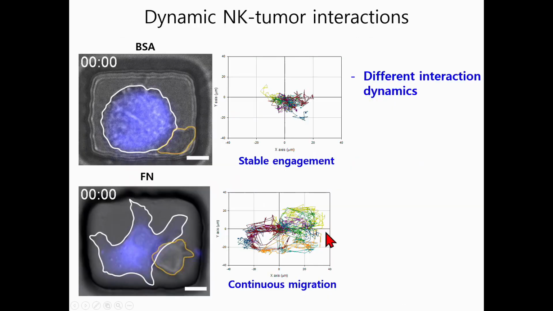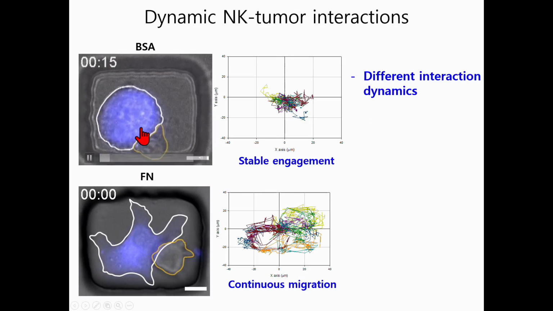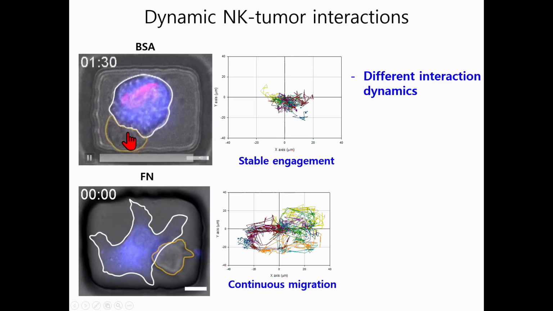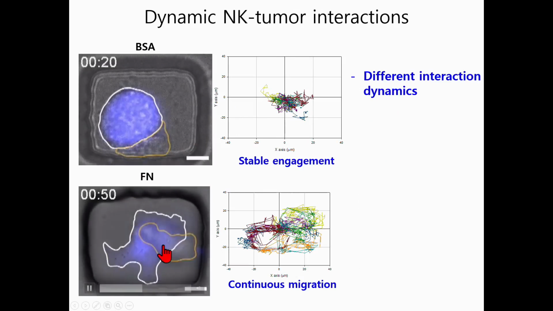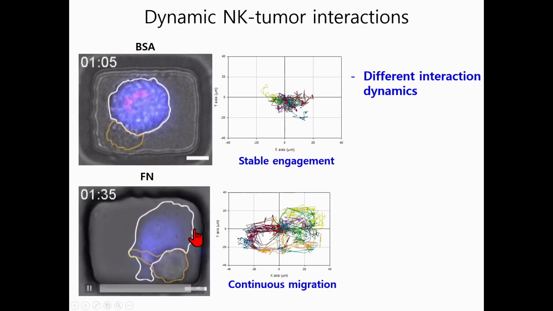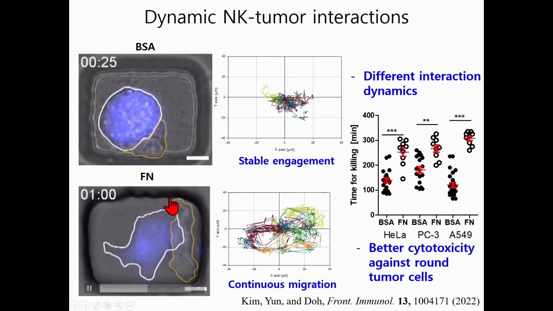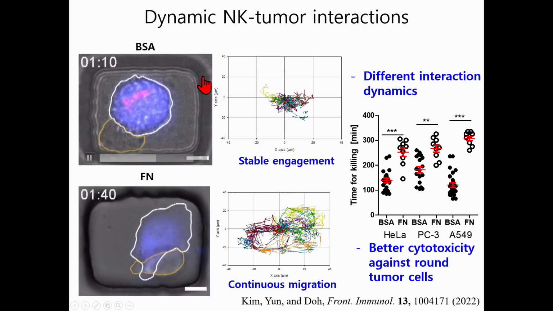When we observe their interaction, with BSA, the rounded tumor cells and the NK cells show very stable synapse formation and killing, as with blood cancer cells. But with fibronectin, cancer cells are dynamic, but NK cells are even more dynamic. They just migrate crazily. And the killing time was much faster in the BSA case.